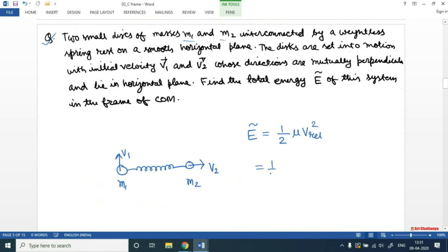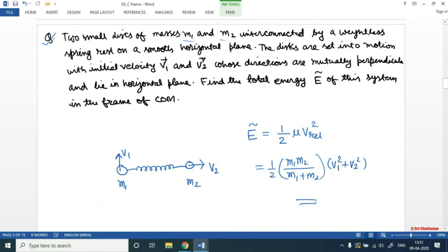So that would be equal to half, and mu is m1 m2 divided by m1 plus m2, and v relative, since the angle between v1 and v2 is 90 degrees, is going to be root under v1 square plus v2 square, and its square would be simply v1 square plus v2 square, and that would be your answer.